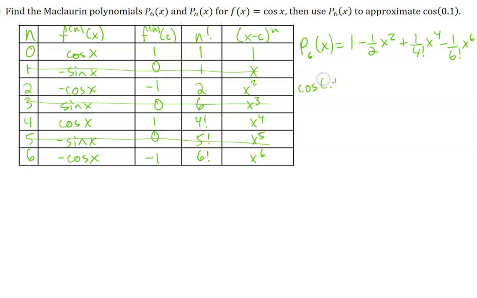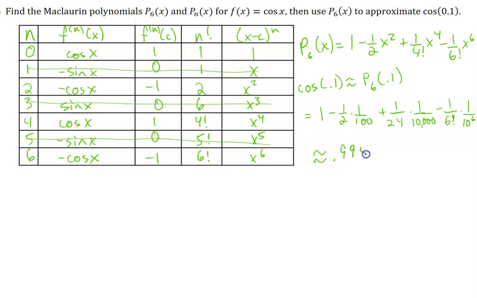So cosine of 0.1 is approximately p sub 6 of 0.1, which would be 1 minus 1/2 times 1 over 100 plus 1 over 24 times 1 over 10,000 minus, okay, it's going to be a big number, 1 over 720 times 10 to the 6th, which comes out to be 0.995 from a calculator. Don't do that by hand.